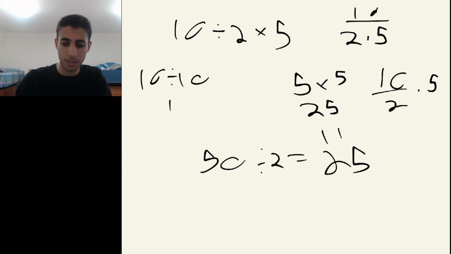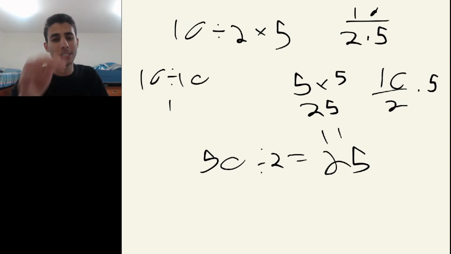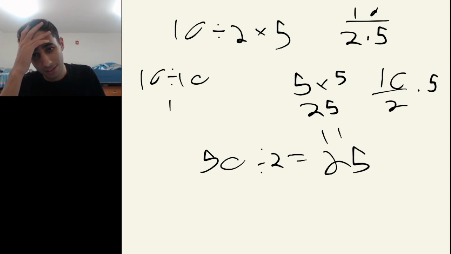Let's see. 10 divided by 2 times 5. So Google says it's 25. If you type it in on a computer program, it would say that it's 25, by the way.